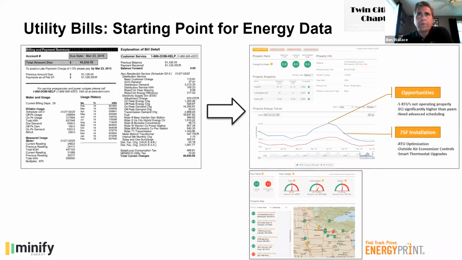Also, locally based EnergyPrint is a platform with weather normalized cost avoidance and tracking that can be used and also automatically feed into these Portfolio Manager and GRESB and ARC and LEED and other tracking programs for compliance and measurement.